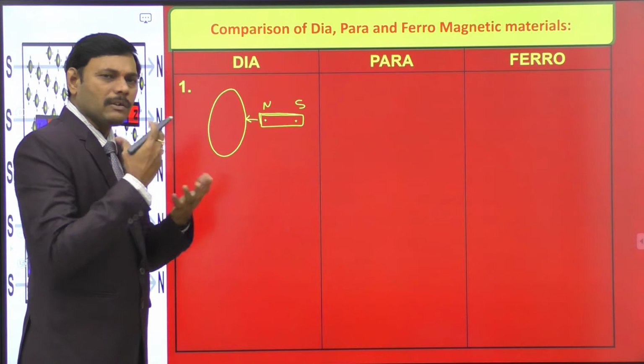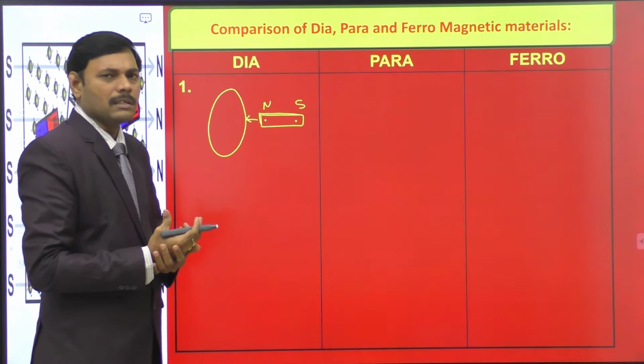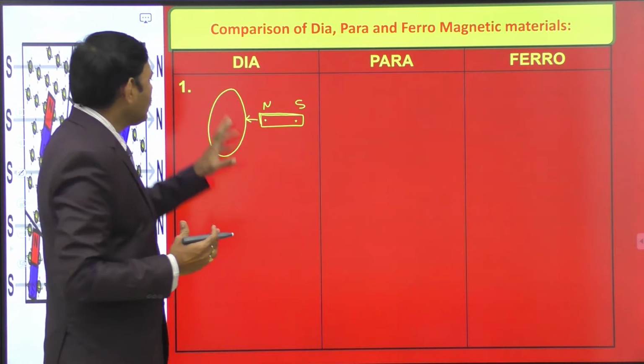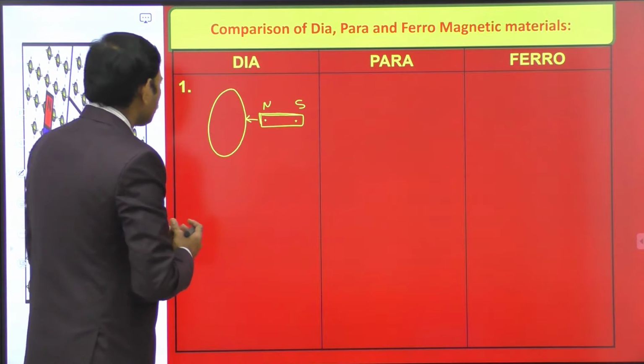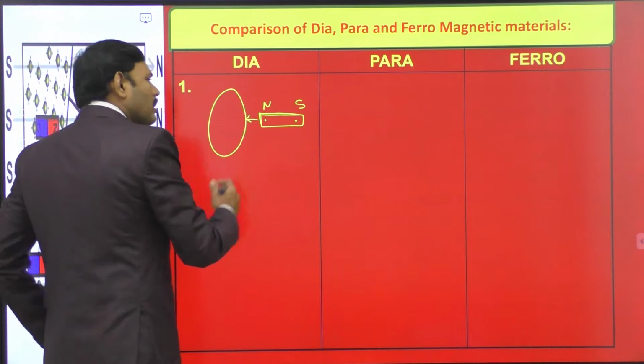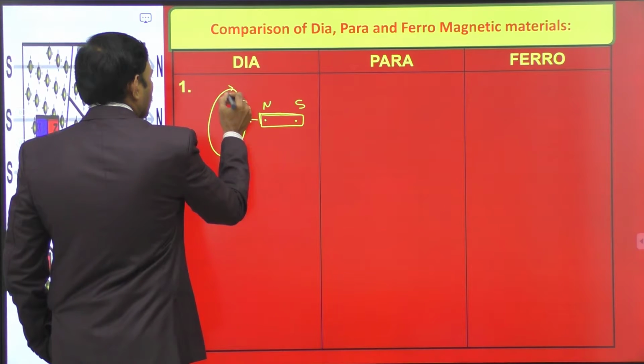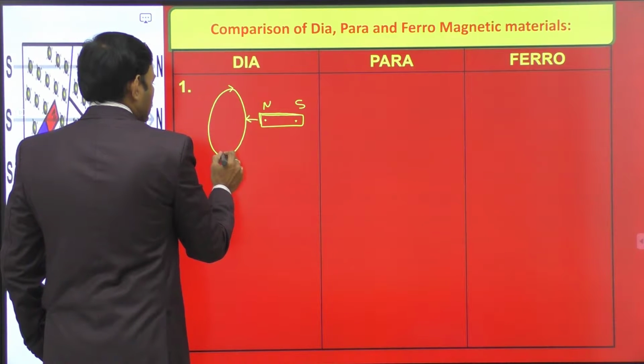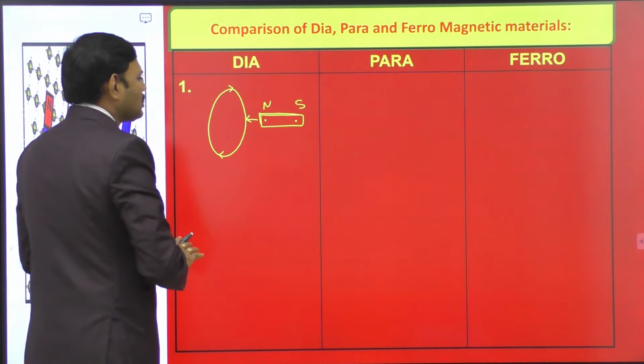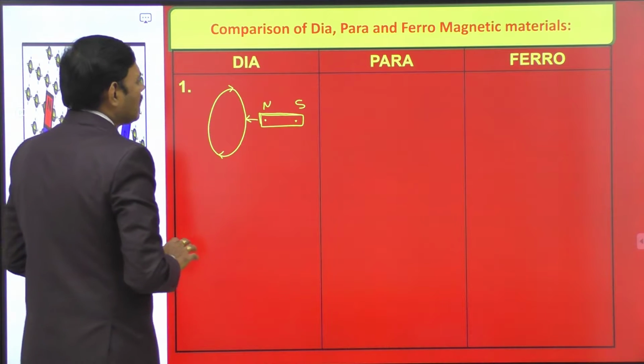But according to Lenz's law, naturally that is opposed by the diamagnetic substance. For that, it may rotate the charges, let it be positive charges, along a particular direction.